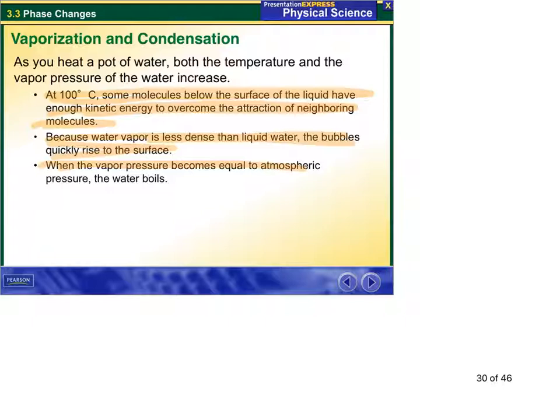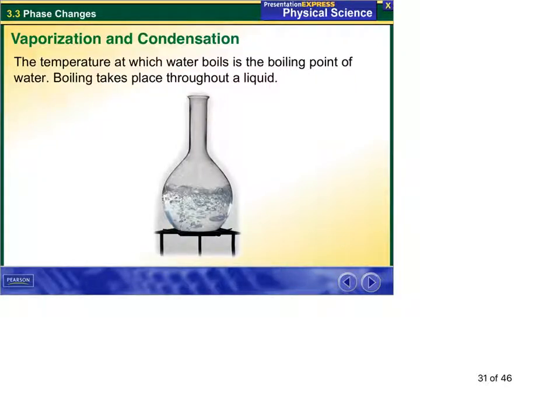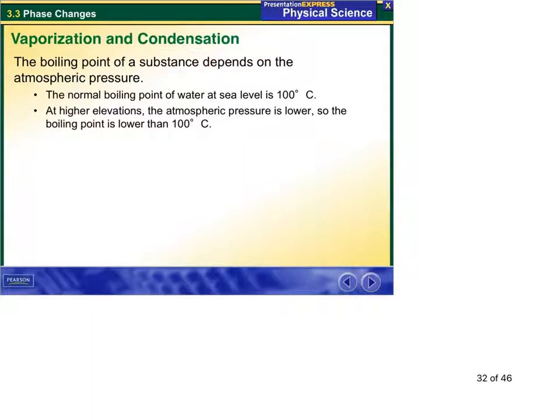When the vapor pressure becomes equal to atmospheric pressure, water boils. So water boils at the boiling point, and it takes place throughout a liquid. We read earlier that evaporation occurs at the surface of the liquid and at temperatures lower than the boiling point.